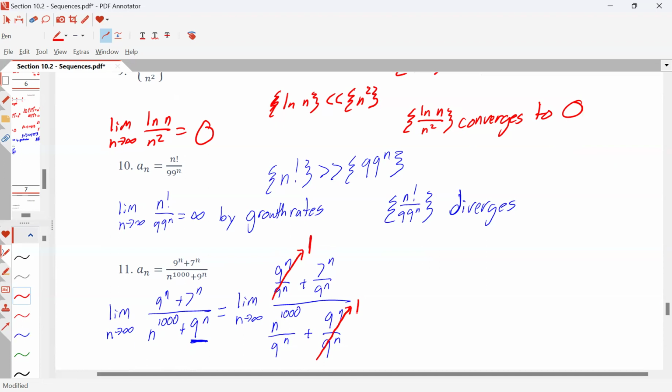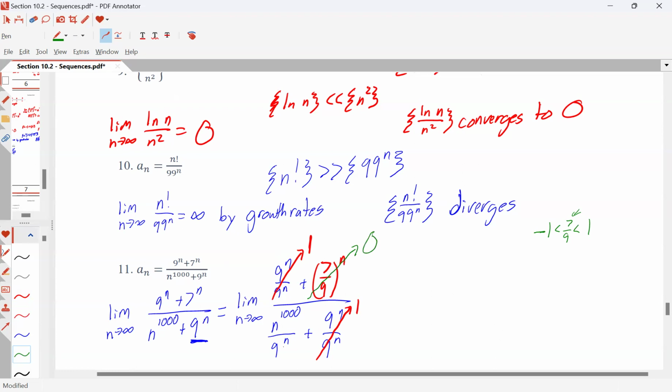Something divided by itself is 1. Here, the 7 to the n over 9 to the n, that is (7/9) to the n. It's a geometric. We know the limit of a geometric when the ratio is between -1 and 1. So -1 is less than 7/9, which is less than 1. Geometric sequence limit is 0.